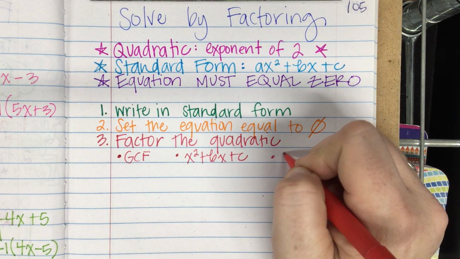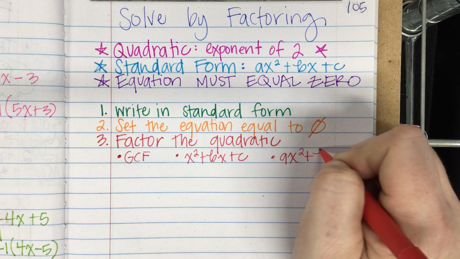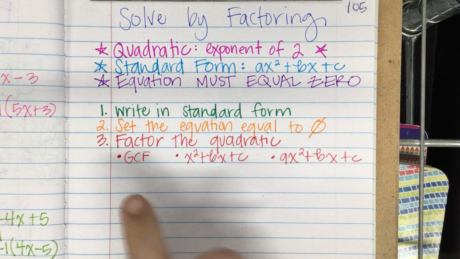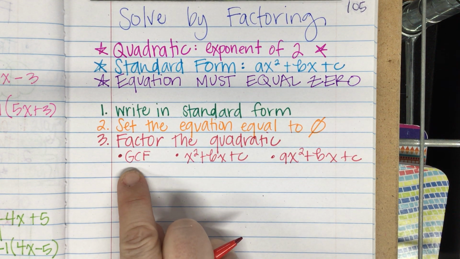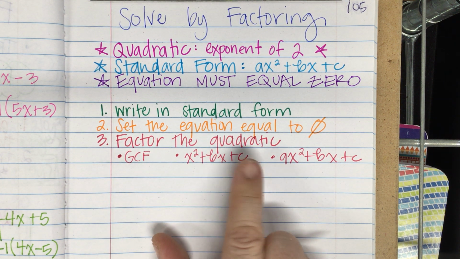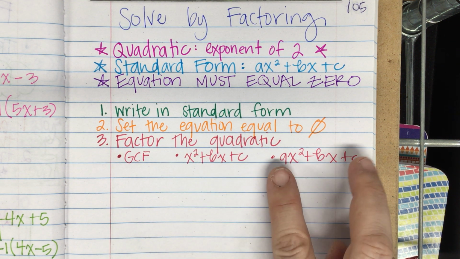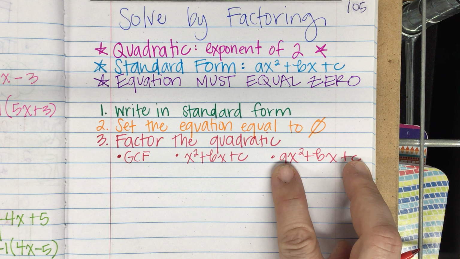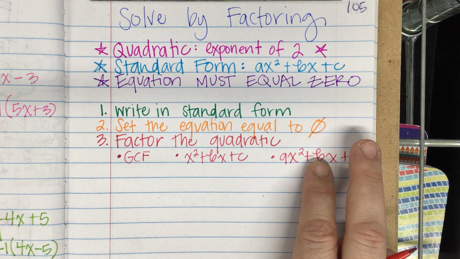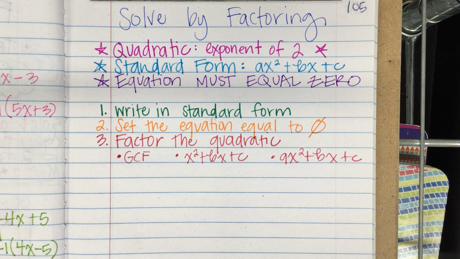Or it may be the more difficult ax squared plus bx plus c. There may be a GCF. It may be the easy one, which is just factors of c that have a sum of b. Or it may be the harder one, which is factors of a times c that have a sum of b. So you have to kind of think about which way we're factoring. What's our factoring method?